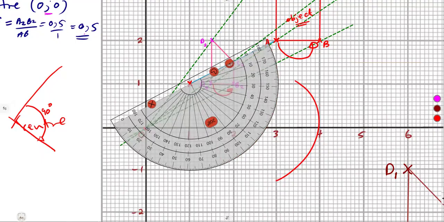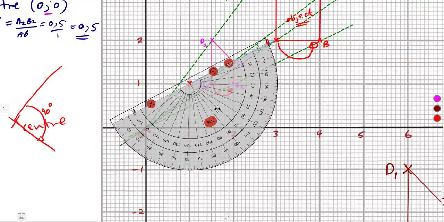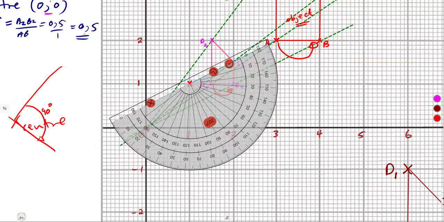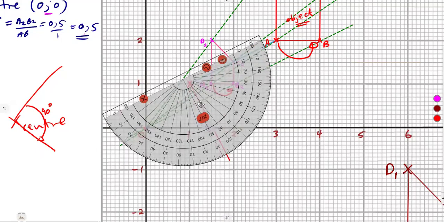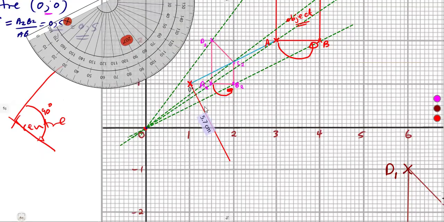So if we put our 90 degrees on this line, according to your graph, you are going to see it is approximately somewhere there. You mark the 90 degrees, and draw a continuous line.